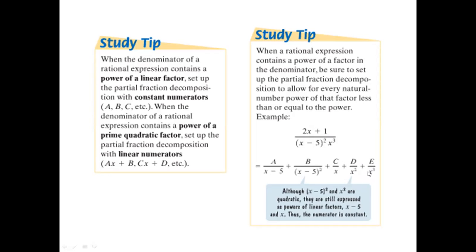You have a case of two repeated linear factors. One linear factor is x minus 5. The other linear factor is x. So it has been repeated here 3 times. This one was repeated twice. And so far, this is it for the method of partial fractions.